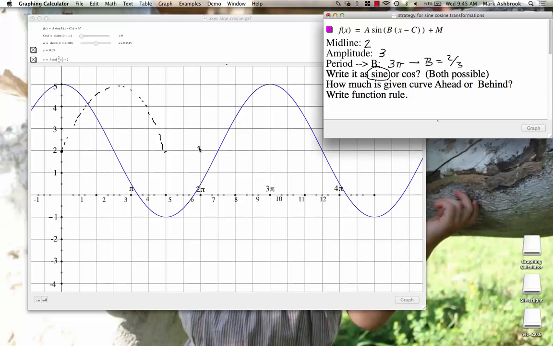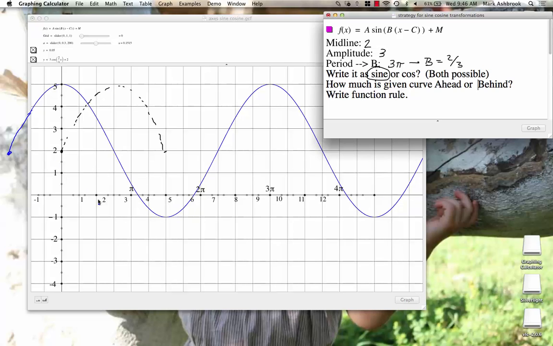So is the blue curve that we're trying to write the definition for ahead or behind in its cycle than this one? I'm hearing ahead. Right, because the blue one's cycle starts back here somewhere. So here it started, and then at 0, just sine by itself started. So the one we have is ahead.